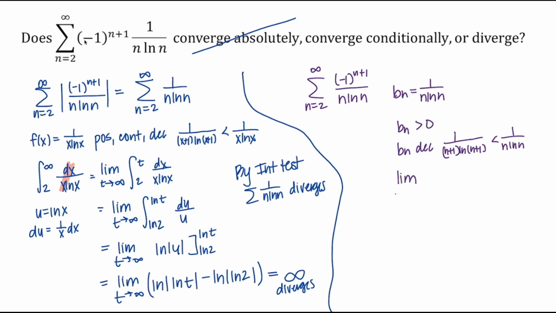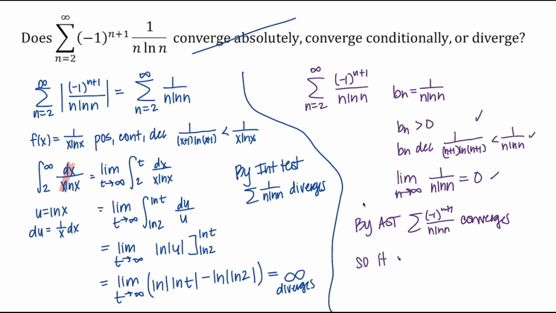And then the limit as n approaches infinity of 1 over n natural log n is 0. So I have a constant over a big number, right? That's going to 0. So all three of these are satisfied. So when the alternating piece stays, then by the alternating series test, this sum converges.